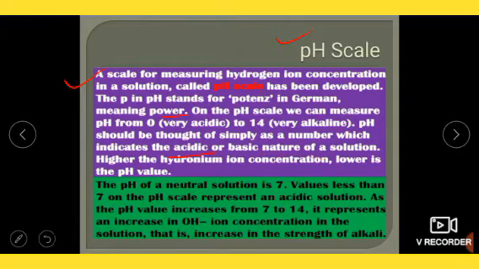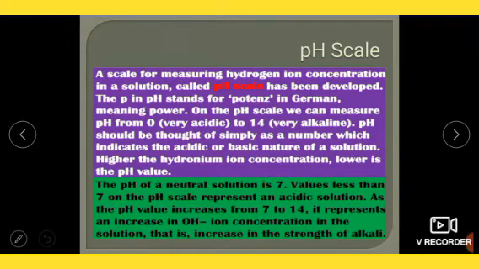So dear students, what is the basic difference between litmus and pH? With litmus we can only identify whether the solution is acidic or basic, but with pH we can identify whether the solution is acidic or basic, as well as find out whether the acid present in that solution is strong or weak. How strong the acidic or basic strength is, we can tell with the help of this numerical value.